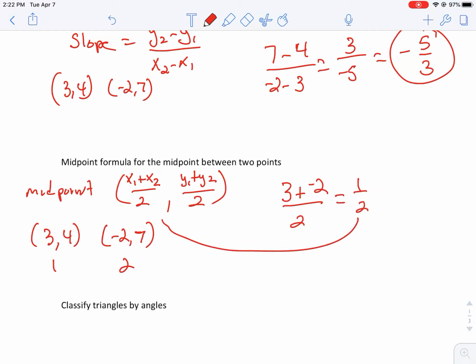And that is 1 over 2. So it's 1/2. That will be the new x-coordinate. The y value is y of the first point, which is 4, plus y of the second point, which is 7, over 2, which is 11/2. You can leave it 11/2 or 5.5, either way, but you have to put your answer as a point. 1/2, 5.5. All right, simple.